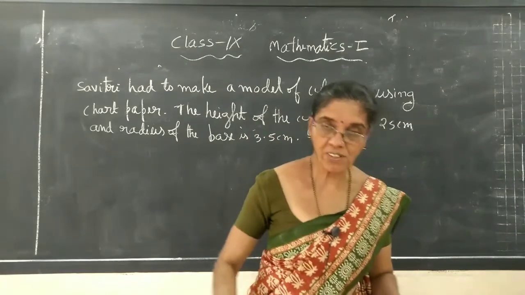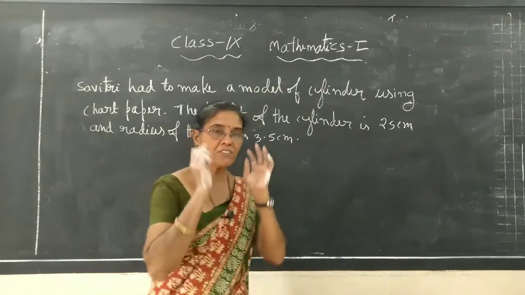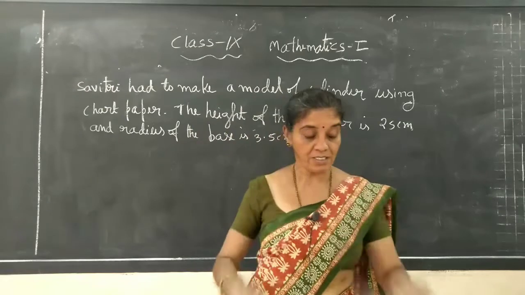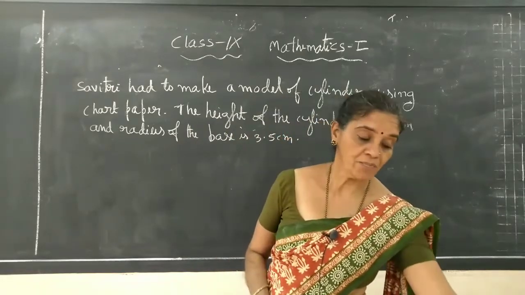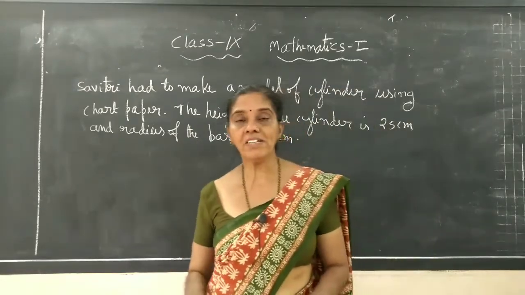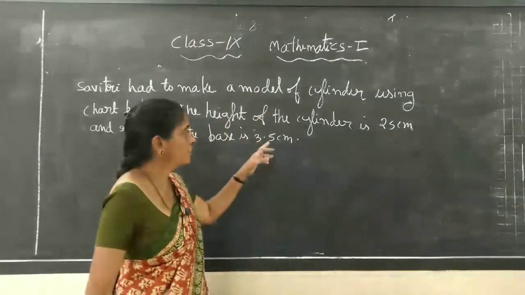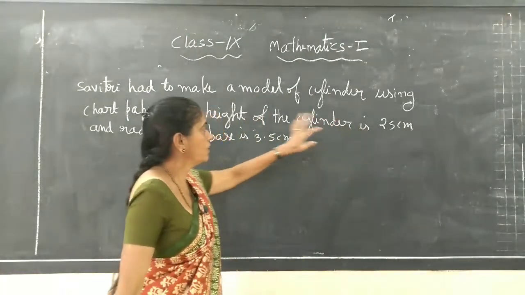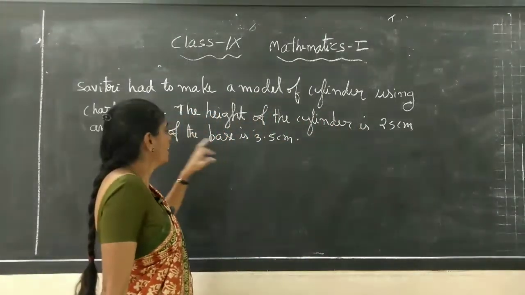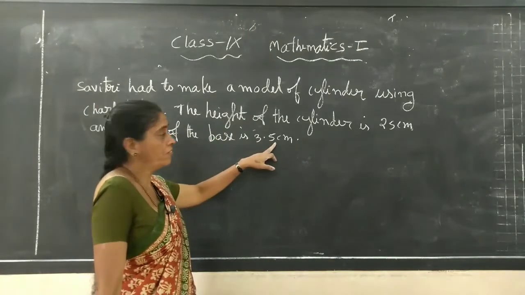One problem is given. She wants to make one circular cylinder. This is the measurement she wants: 25 centimeter is the height, and the radius of the base of the cylinder is 3.5 centimeter.